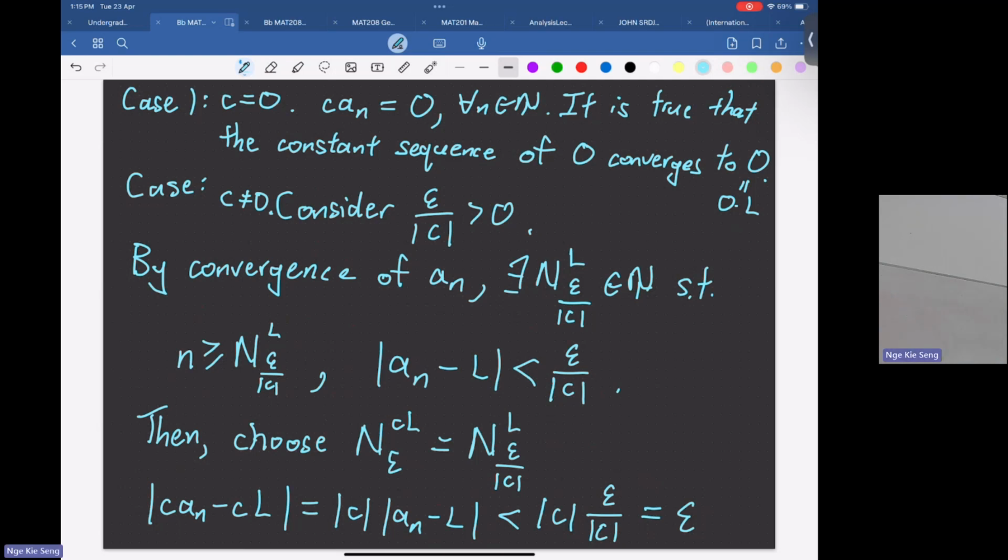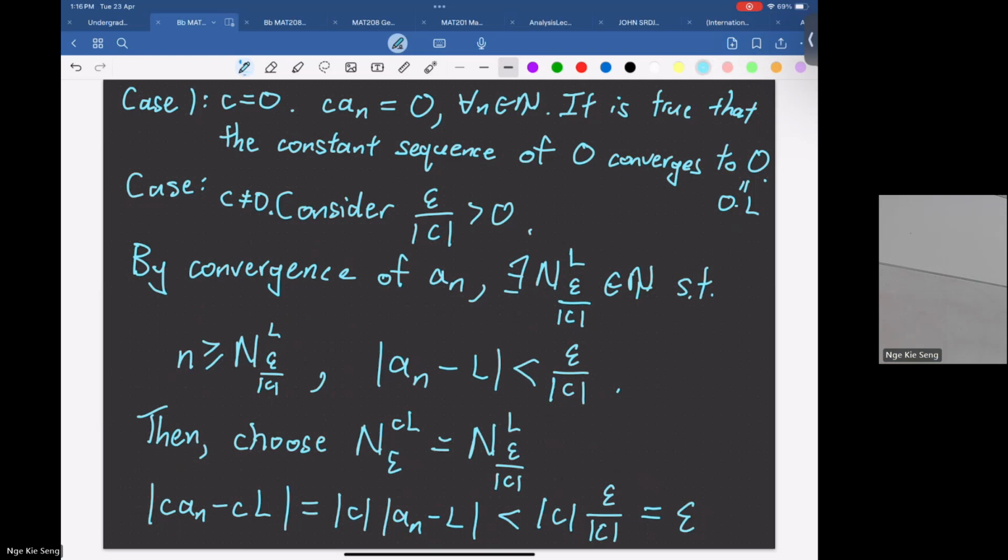You need to pick an N such that this holds. It holds when |a_n minus L| is less than epsilon over |C|, but that only holds when n is greater than or equal to this capital N. So you pick this capital N to be your capital N for the sequence C a_n.